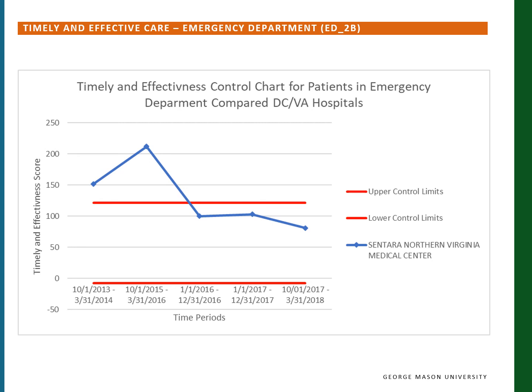And then from 2016 to 2017, it stays flat at around 100, and then slowly falls after 2017 to about 50. Between 2016 and 2018, it stays within the control limits.